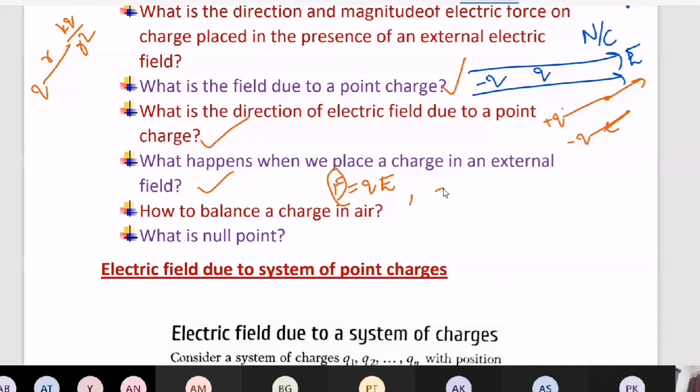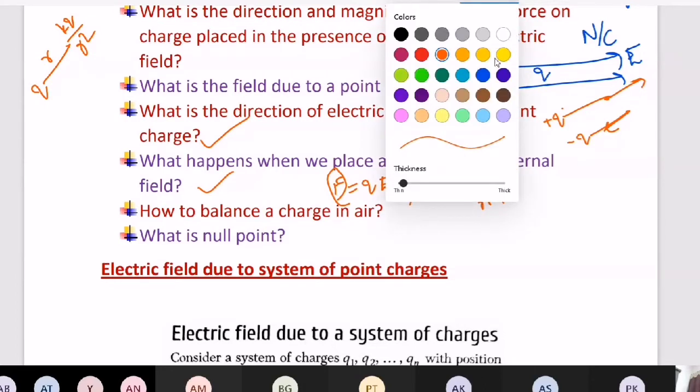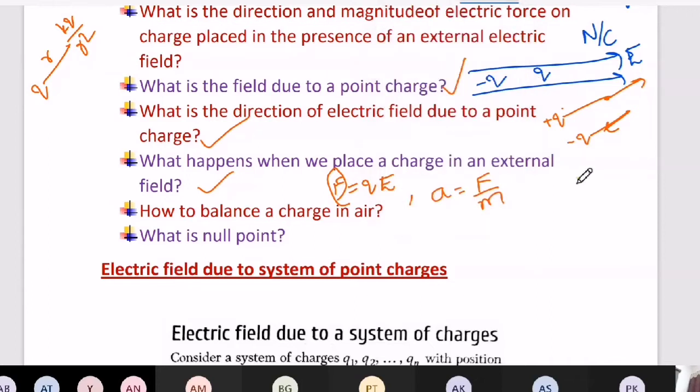It experiences a force, so it must experience some acceleration according to Newton's second law. When you place a charge in the presence of an external electric field, it experiences one acceleration. I also said that we will study this separately, like motion of a charged particle in the presence of an external electric field.